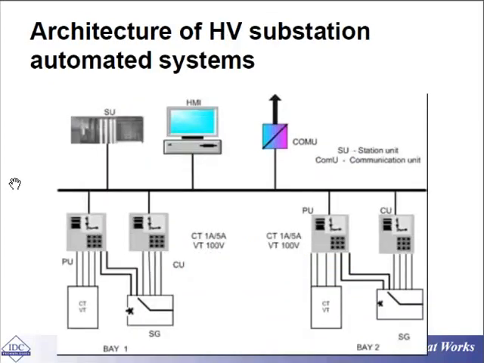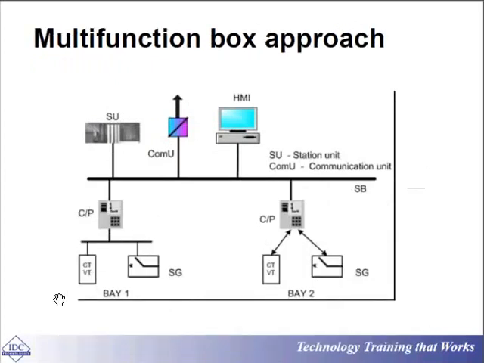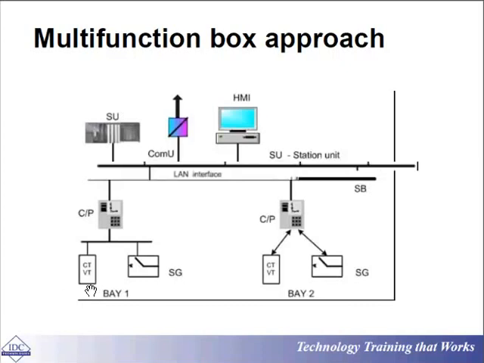So basically, a very typical architecture of an HV substation automated system could be, for example, something like this in very simple terms. Or it could be even something like that. So you have got multi-functions basically combined in one place.